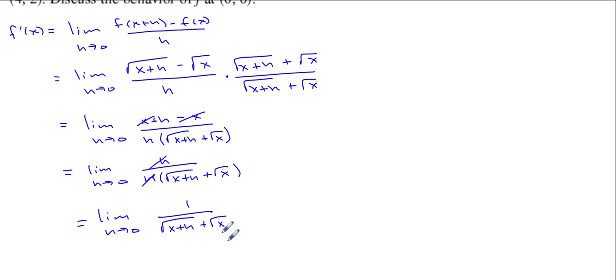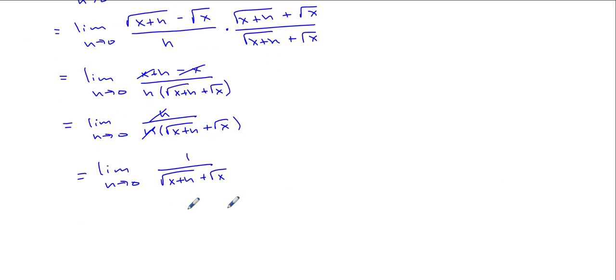The first initial setup was calculus. It's just been all algebra since, right? And now we're ready for some more calculus. We're going to take the limit. h goes to 0. That goes to 0. So now we have 1 over root x plus root x, which is equal to 1 over 2 root x.